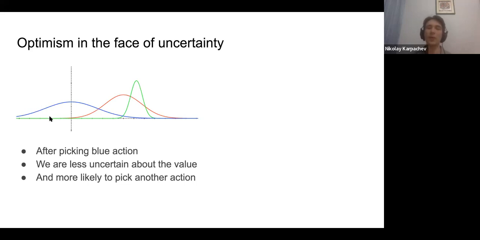We don't know whether it will be -2 or +2. So it has higher entropy than the green action here. But nevertheless, we don't want to pick it intuitively, because even though it's very uncertain, it's very likely that it will not be better than the green one.